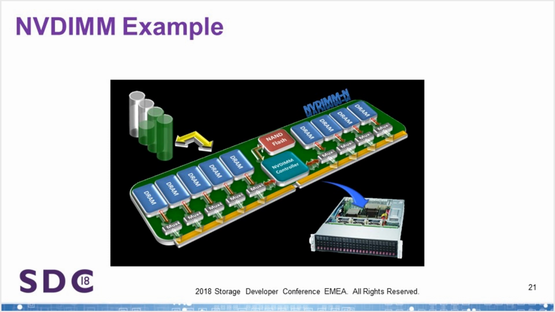And so your application's writing to the DRAM, and what if the power fails? Well, either via supercaps, batteries, or external power from a battery, this thing knows when the power is going down, and it takes all this DRAM and dumps it into the NAND flash in previously arranged erase blocks.